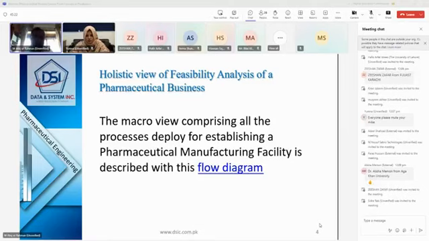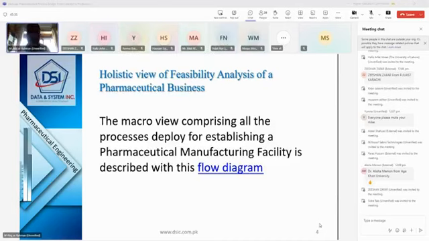Then after, you will develop a macro view, the holistic view of your plant design. For example, let's take a very simple example like OTS products. For OTS products, we are developing the flow diagram, or process flow diagram.